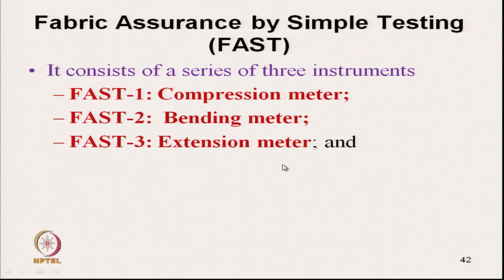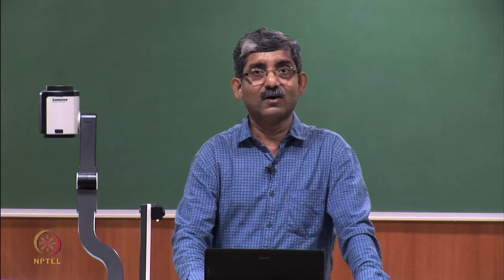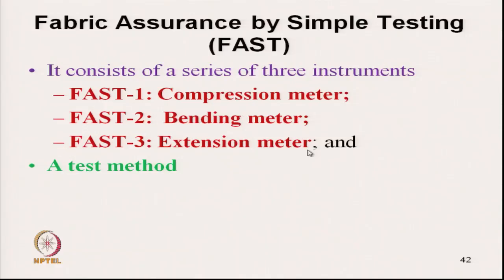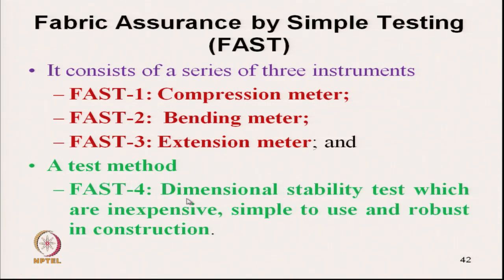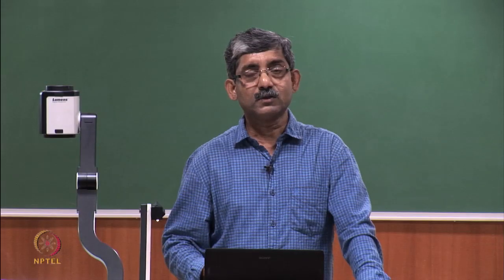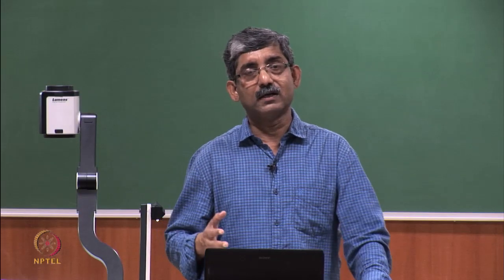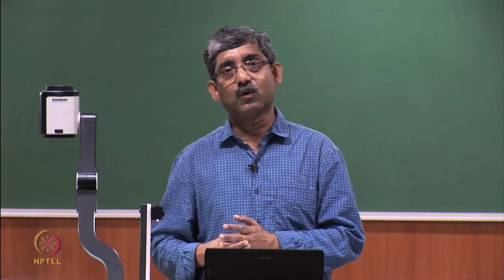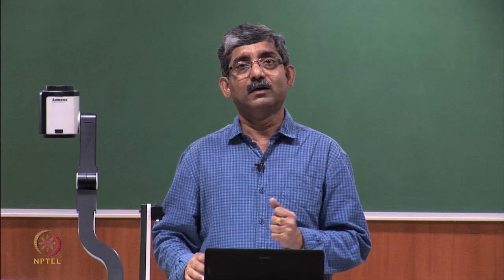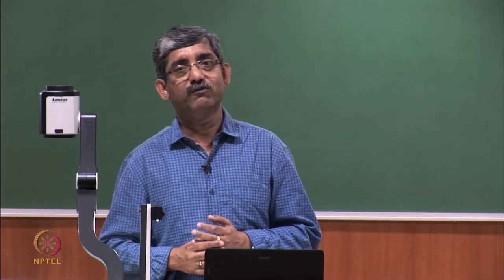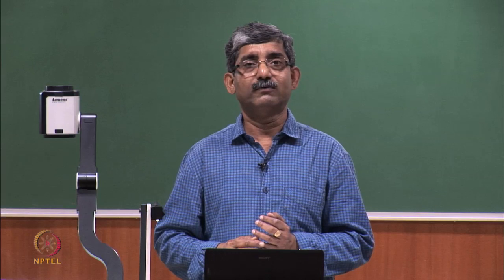The third measures the tensile and shear characteristics, that is the extension meter, and the fourth is nothing but one test method, which measures the dimensional stability of fabric and also hygral expansion. All these details we will learn in another course.